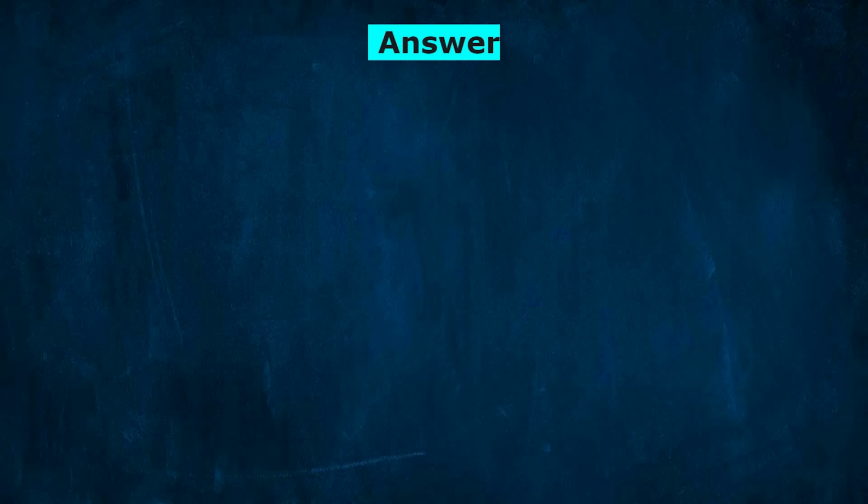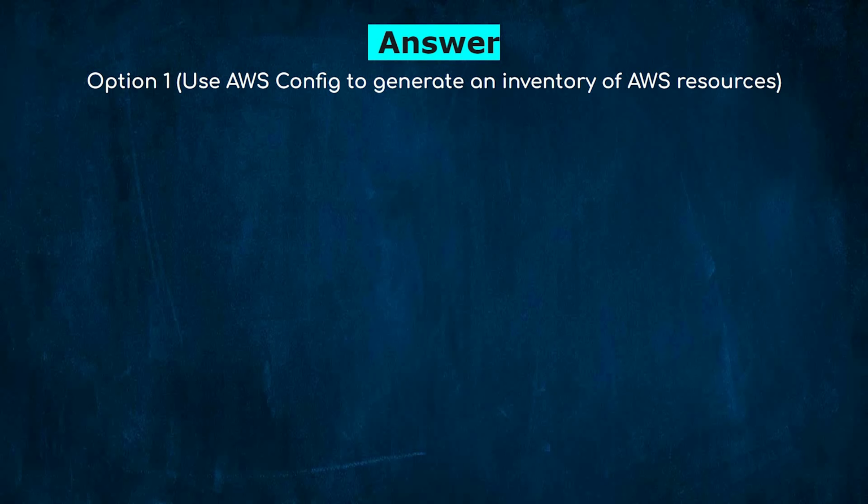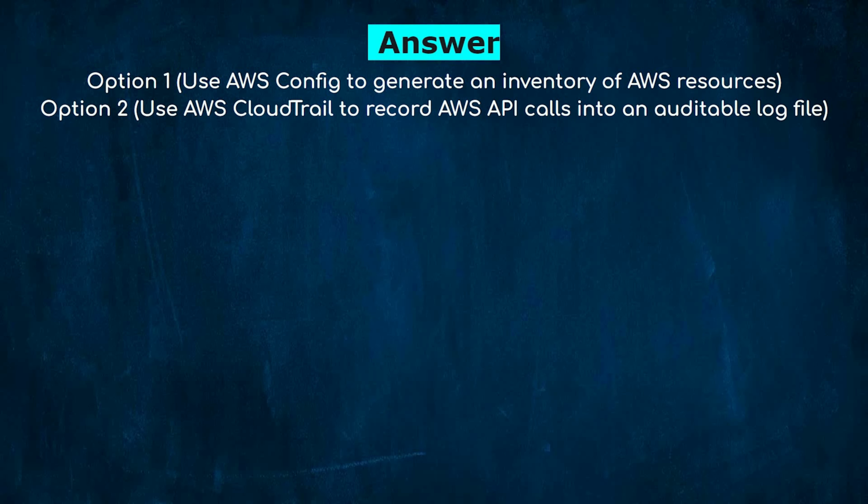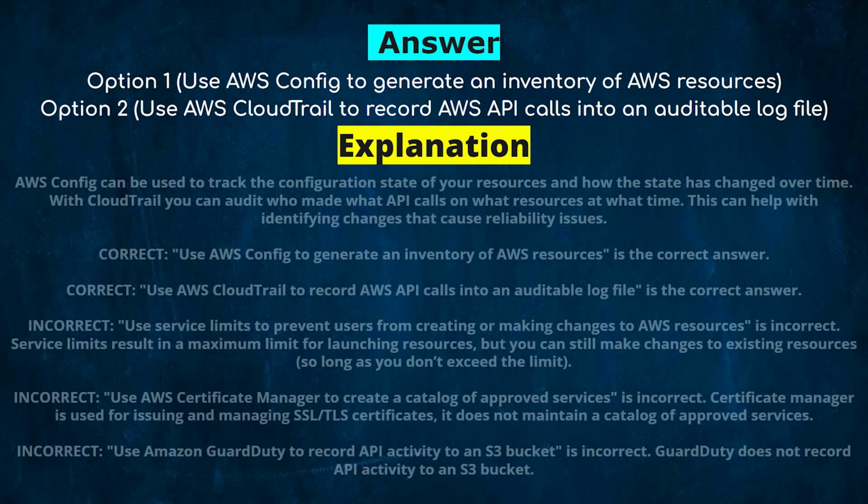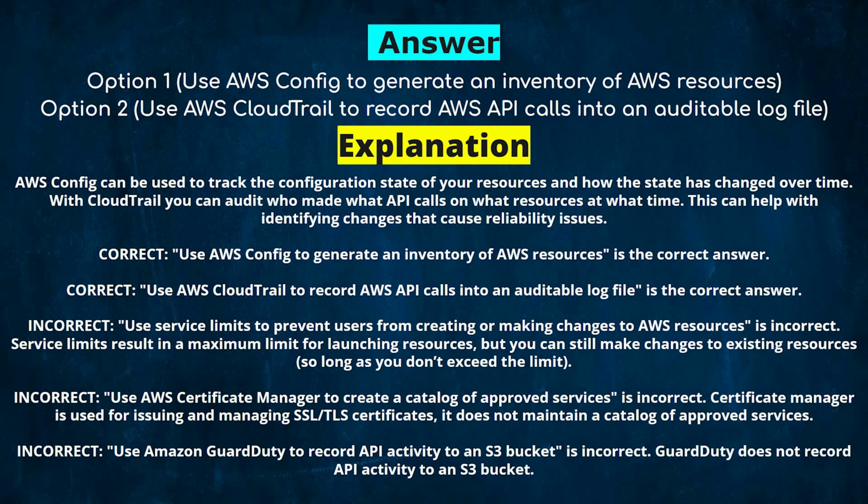And the correct answer is Option 1. Use AWS Config to generate an inventory of AWS resources. And Option 2. Use AWS CloudTrail to record AWS API calls into an auditable log file. Explanation. AWS Config can be used to track the configuration state of your resources and how the state has changed over time.